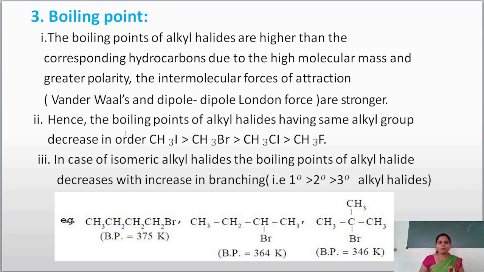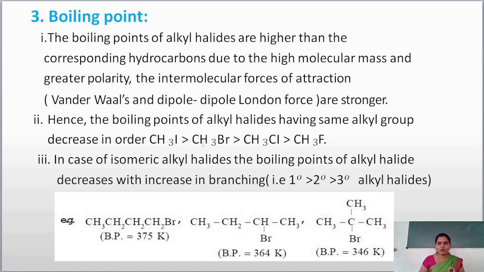Next, the boiling points of alkyl halides having the same alkyl group decrease in the order CH3I greater than CH3Br, greater than CH3Cl, and greater than CH3F. Why do the boiling points decrease in this order?